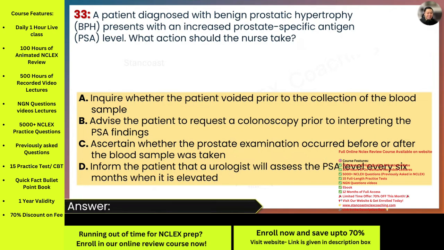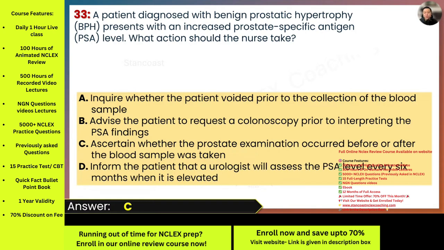The answer is letter C. Why is this correct? Well, because a digital rectal examination, or what we call DRE, is often performed to assess for abnormalities in the prostate. And this can elevate the PSA levels temporarily.